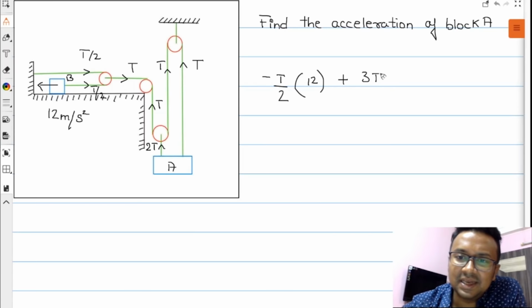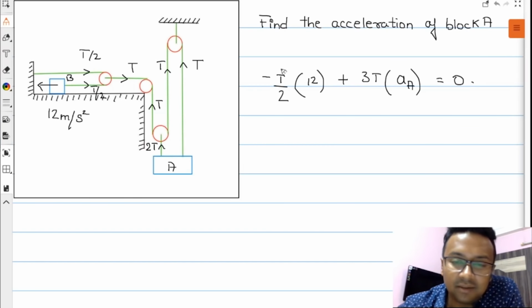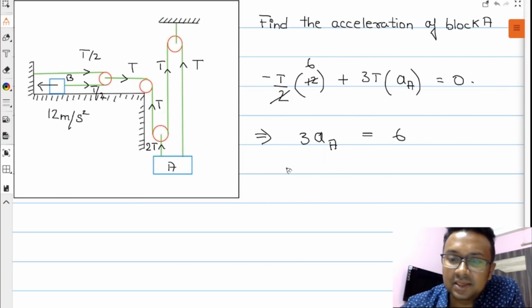It is 3T into acceleration of A is equal to 0. Clear? Then overall, this becomes 2 times 6, which implies 3 times acceleration of A is equal to 6, which implies the acceleration of A will be equal to 2 meters per second square.